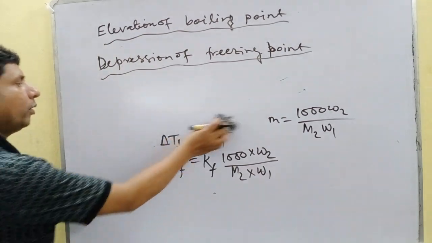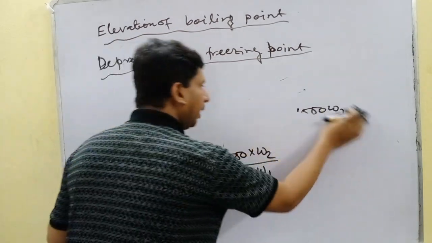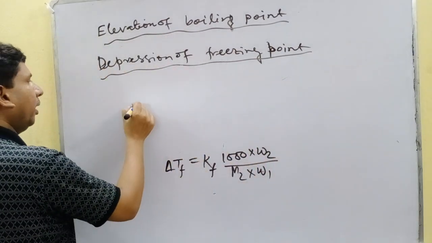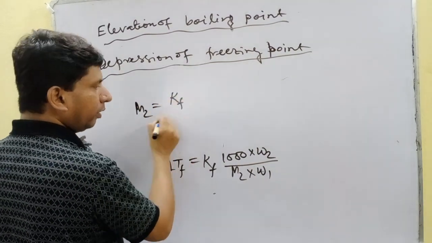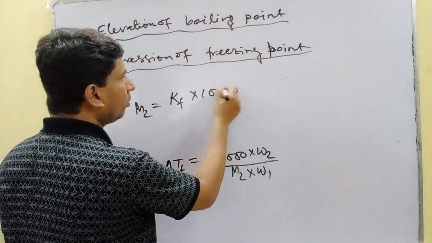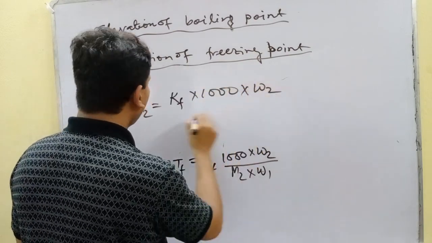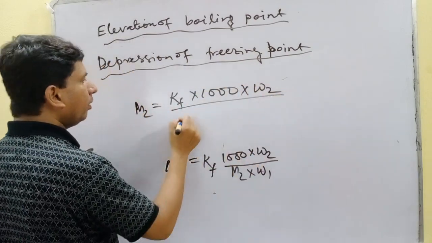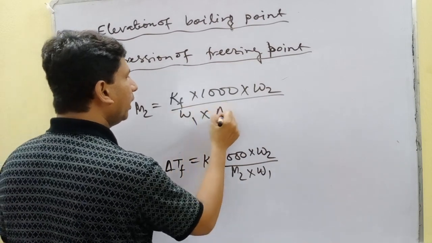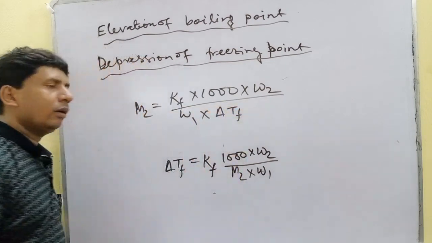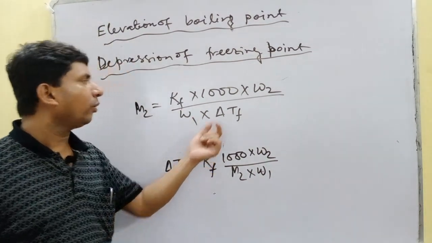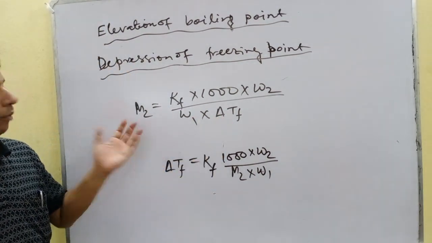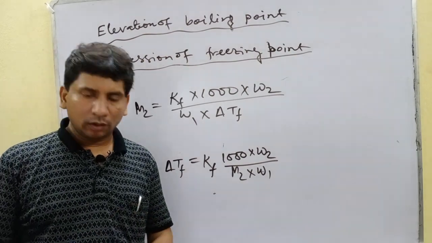Then we can rewrite from here M2 equals Kf into 1000 into W2 divided by W1 into delta TF. So again, in a similar way, we can calculate M2, no problem.